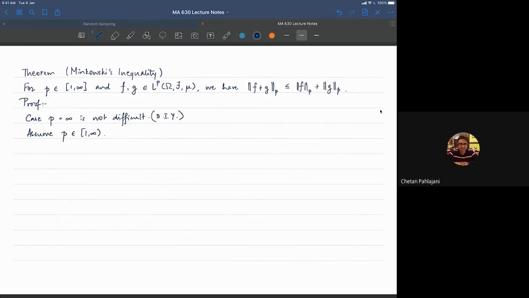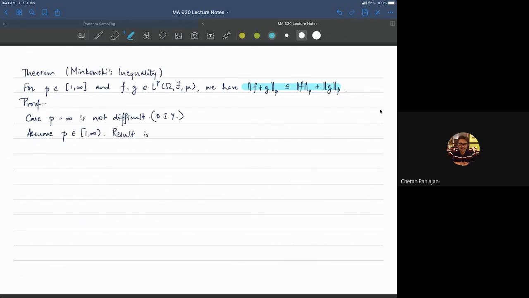Now we want to prove this inequality. This is clearly going to be true if the norm of f + g is 0, because then the right side is non-negative anyway. Remember that both the left and right sides of this inequality are non-negative.